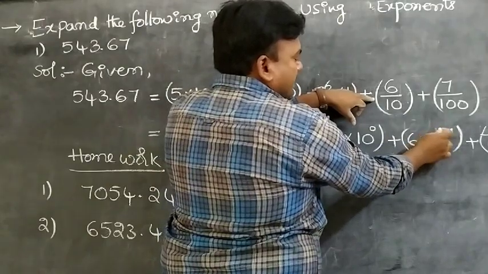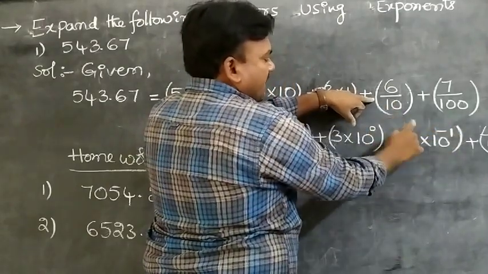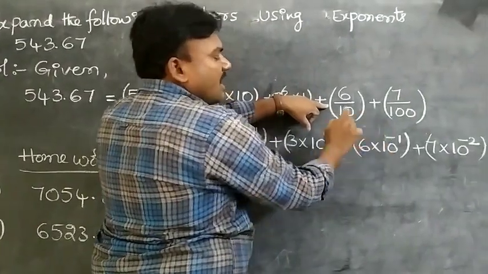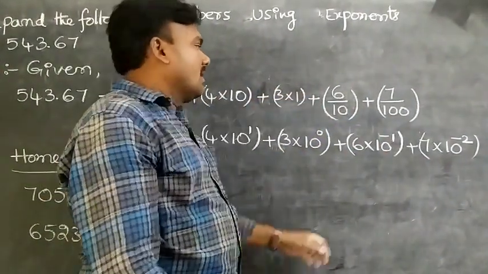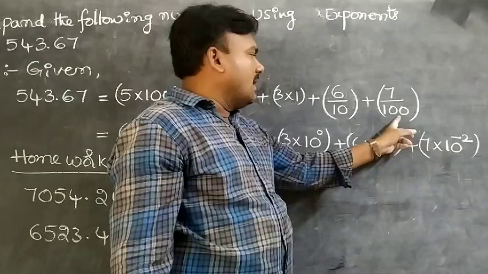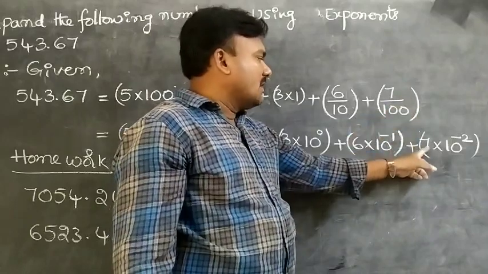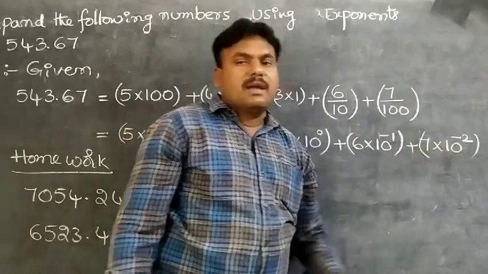The exponent must change the sign. So 6 by 10 can be expressed as 6 into 10 power minus 1 plus 7 by 100, which can be expressed in the numerator as 7 into 10 power minus 2.